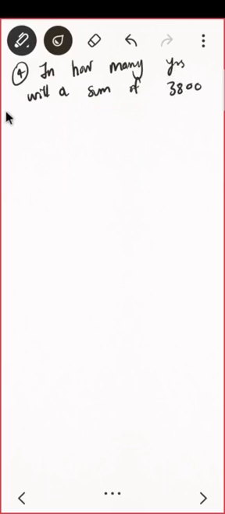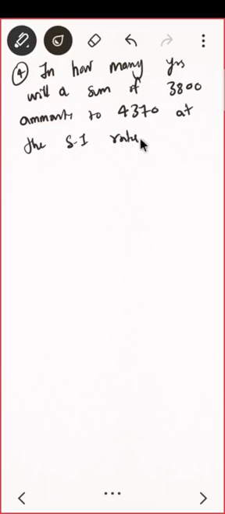In how many years will a sum of 3800 amount to 4370 at the simple interest rate 5% per annum. Okay, try to see what are the things given to you and try to solve the question.